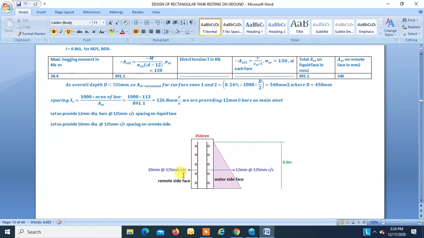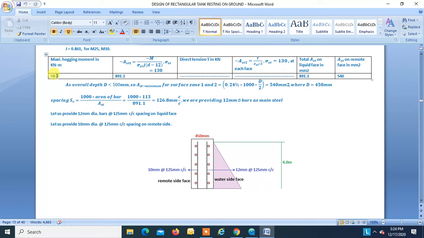Vertical moments are hogging moments, so they are negative, so they will produce tension on the water side face. So this will be the main steel and this will be the distribution steel. This is water side, this is remote side.